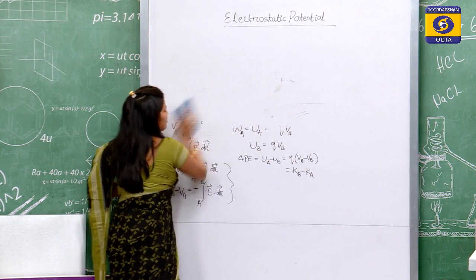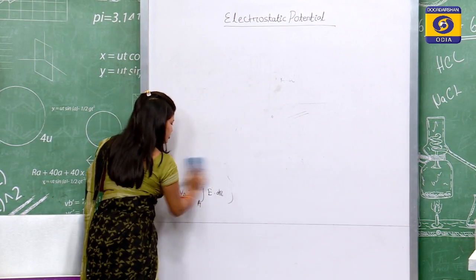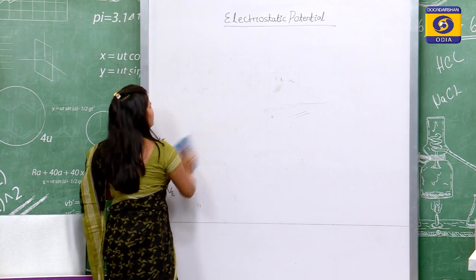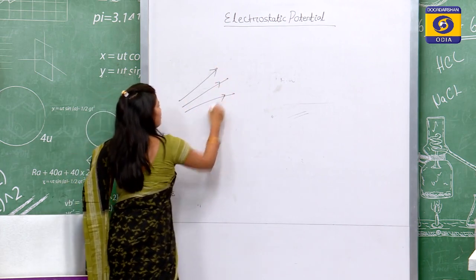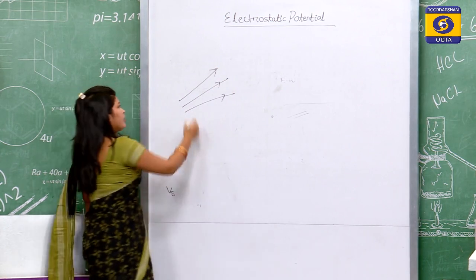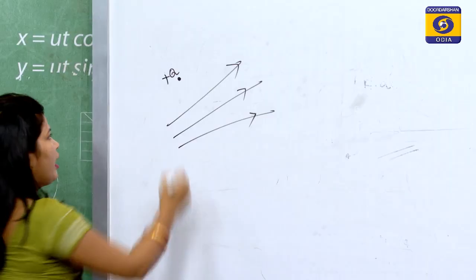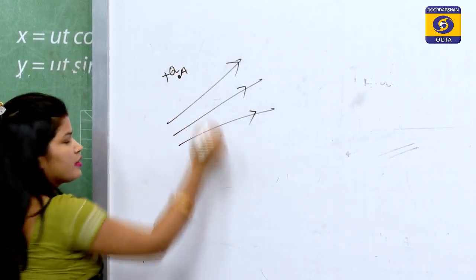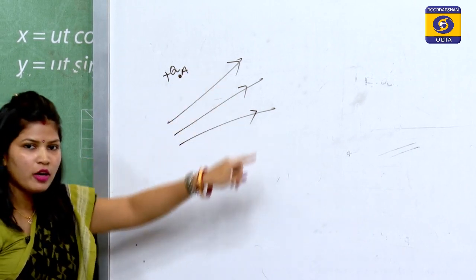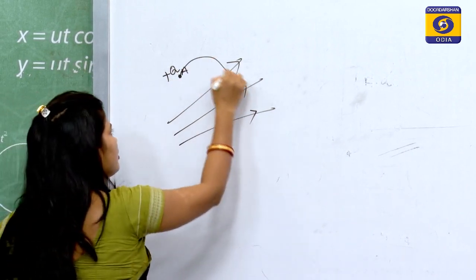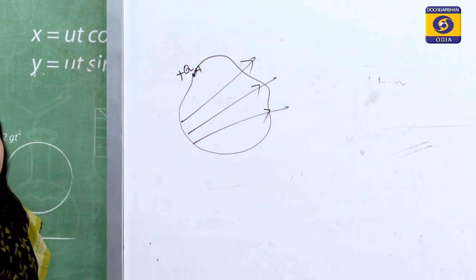Imagine the electric field in space here, and I have a charge Q at point A. So, I start at point A and I walk around and I will return to the same point A.